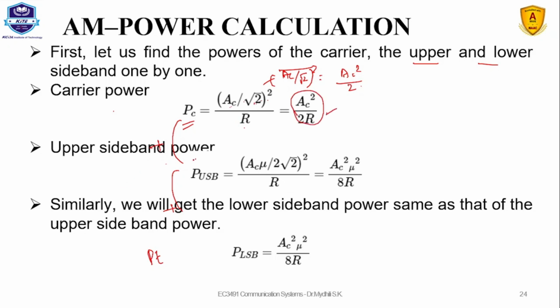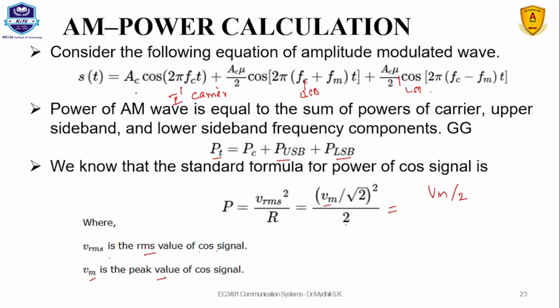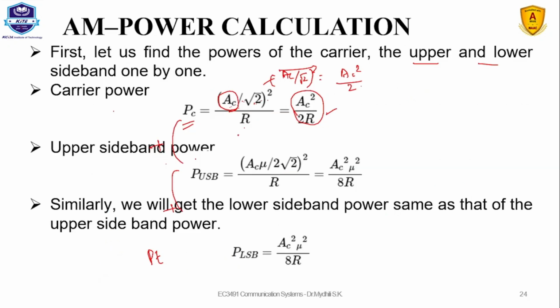Next comes the upper sideband power. Since the carrier power is represented in terms of Vc by square root of 2, it contains a carrier alone. That is the equation you could see here. Since the voltage represented with carrier is only AC, we are considering only the power in terms of AC or Vc.